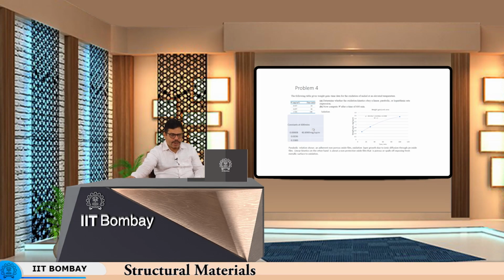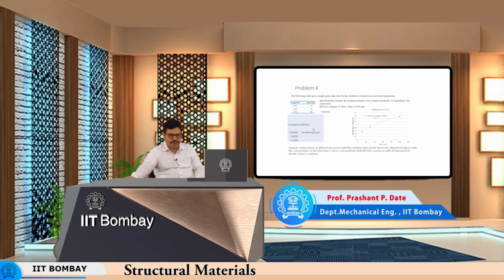And so, given these constants, you can estimate that at 600 minutes the weight gain will be 40.89, so 40.9, roughly 41 milligram per square centimeter. So, basically this is how you can find out how protective that oxide is going to be. If it is more parabolic in nature, meaning the square term has a higher coefficient, then you will find that it is even more protecting.